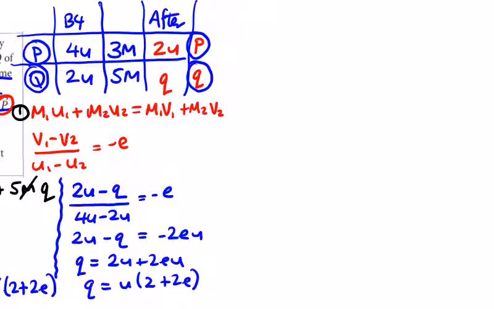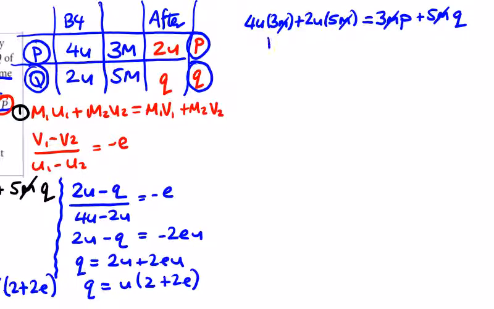So our equations are going to become 4u by 3m plus 2u by 5m is equal to 3m times p this time and 5m times q. Dividing by m, we're going to get 12u plus 10u again is equal to 3p plus 5q.